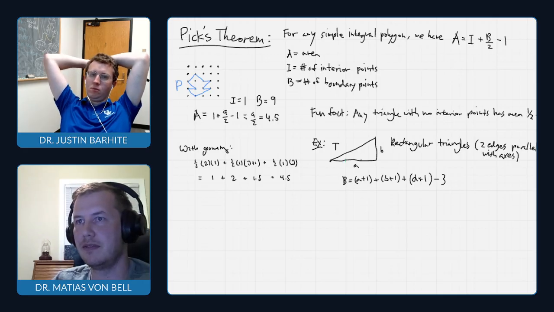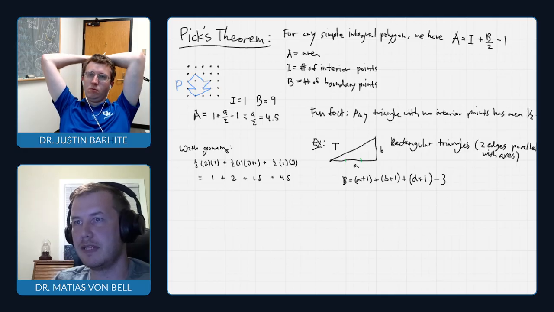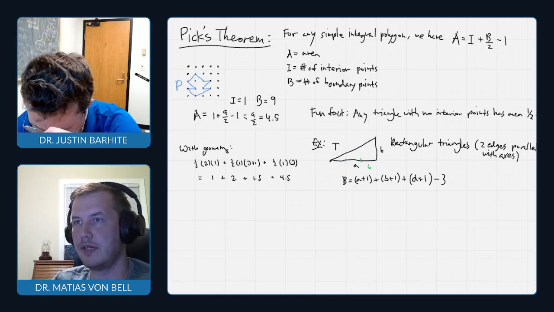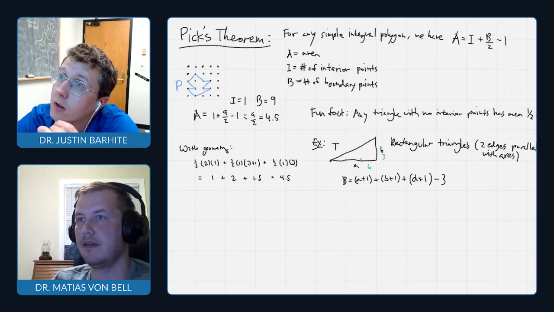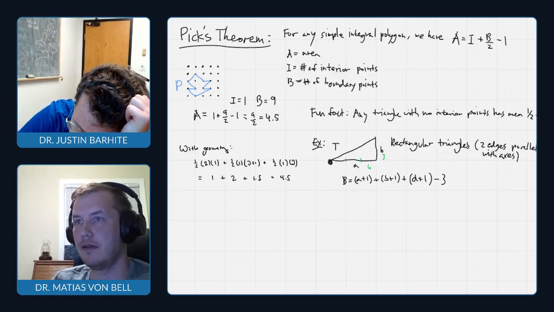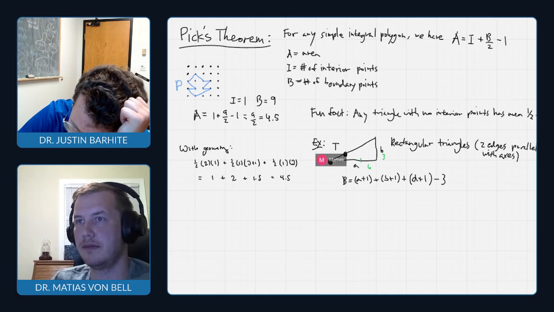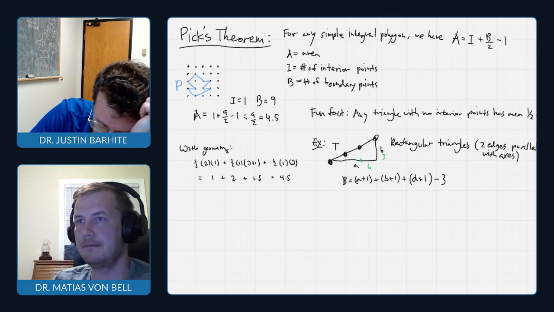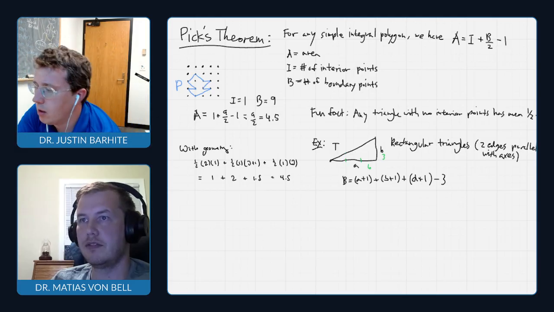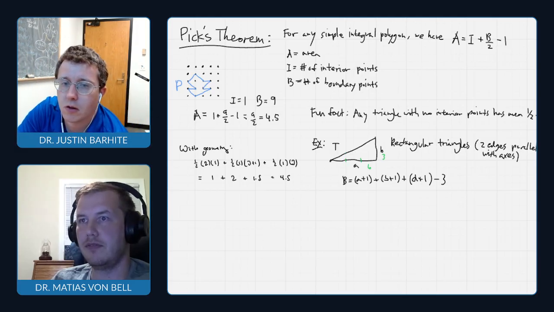So I guess a is equal to 6 right here based on the picture, and b is equal to 3. So this has side lengths 6 and 3, and it would have lattice points at 0,0, 2,1, 4,2, and 6,3.